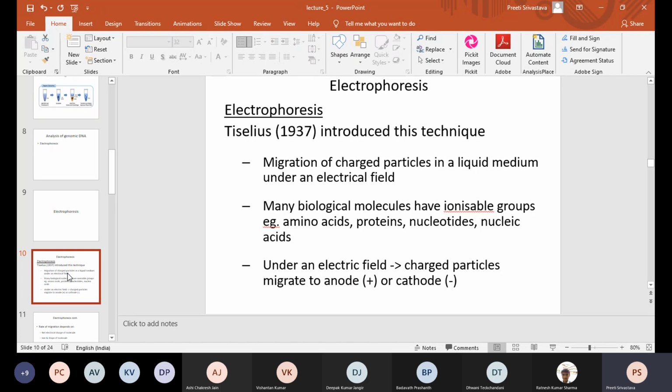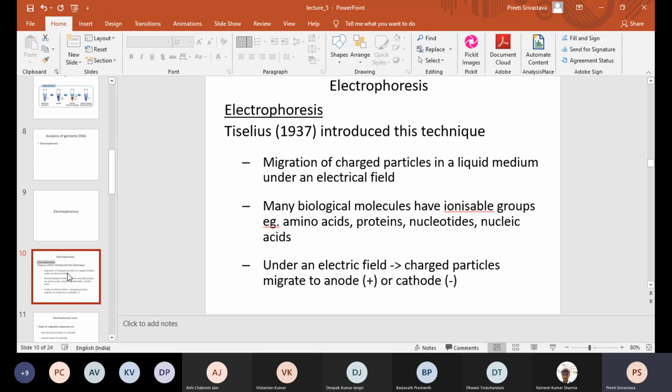So all kinds of biological molecules can be separated by electrophoresis. You can separate amino acids, you can separate proteins, you can separate nucleotides, you can separate nucleic acids, everything. That means you can achieve single nucleotide separation, and you can separate oligonucleotides, you can separate large DNAs.